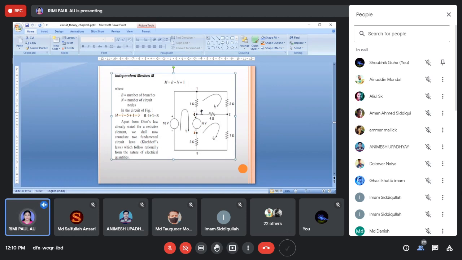But now you can see that one component is connected in this branch, another component is connected between 1 and 2, this is the 2 ohm resistance, another component is connected between 2 and 4, this is the 4 ohm resistance, and so on. So if I consider this one branch, this one branch, this one branch, there are 1, 2, 3, 4, 5, and 6 branches.